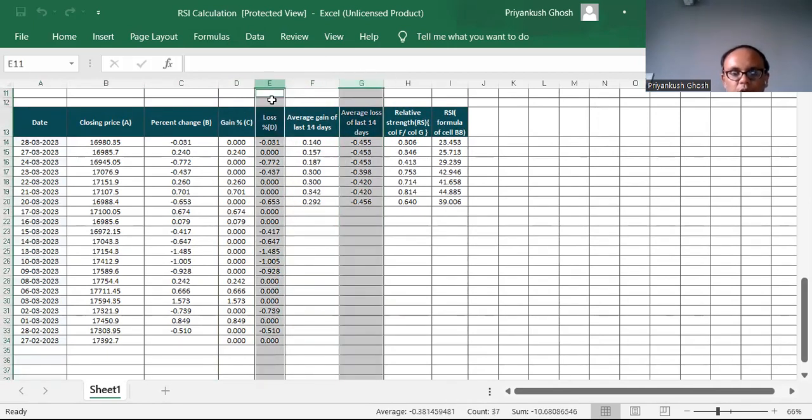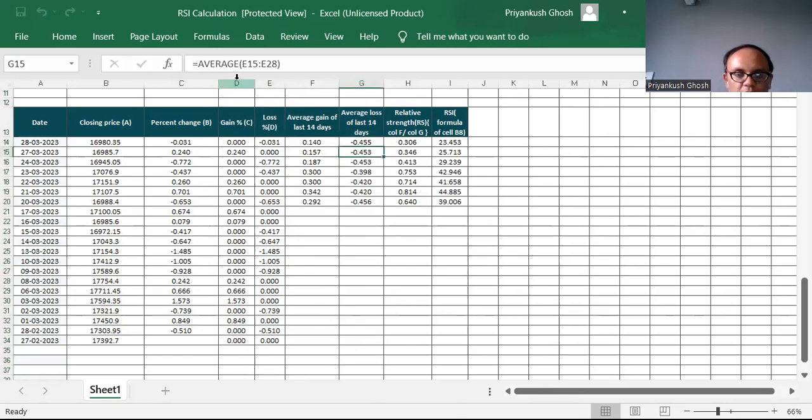That's why I have made separate columns. All the negative values, whenever Nifty closes lower than the previous day, I have kept in column E. Whenever Nifty closes above the previous day's close, it comes to column D, and the simultaneous record in column E is 0. Similarly, when Nifty closes negative, the simultaneous record in column D is 0.